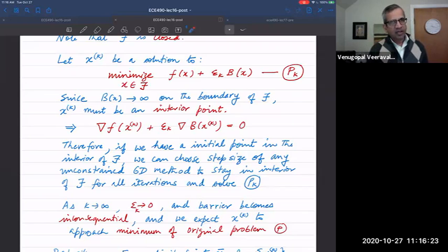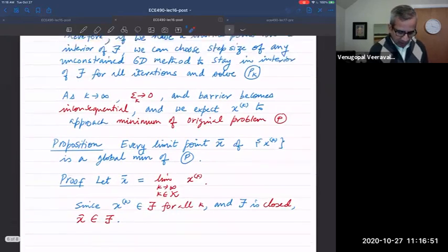Of course, if the original problem had an interior minimum, then you didn't even need to use the barrier method. But in most interesting cases, this function is going to have a minimum on a boundary, and for those boundary points, you can take care of that using the barrier method, right?